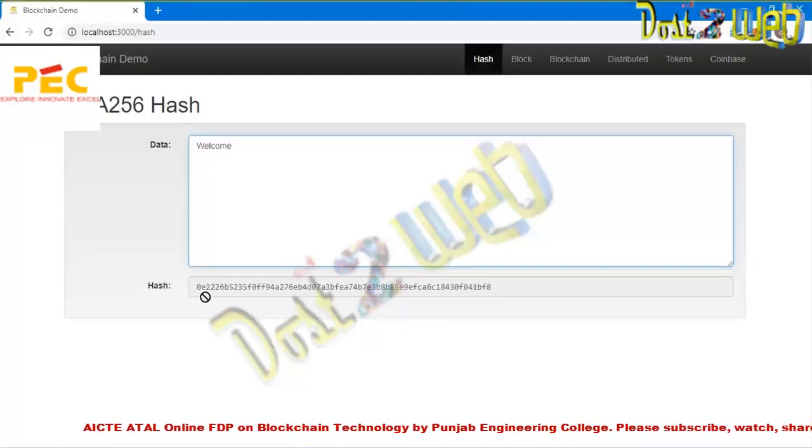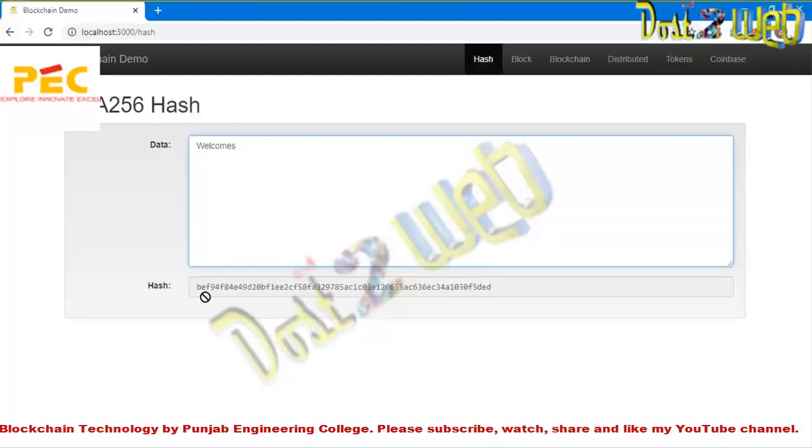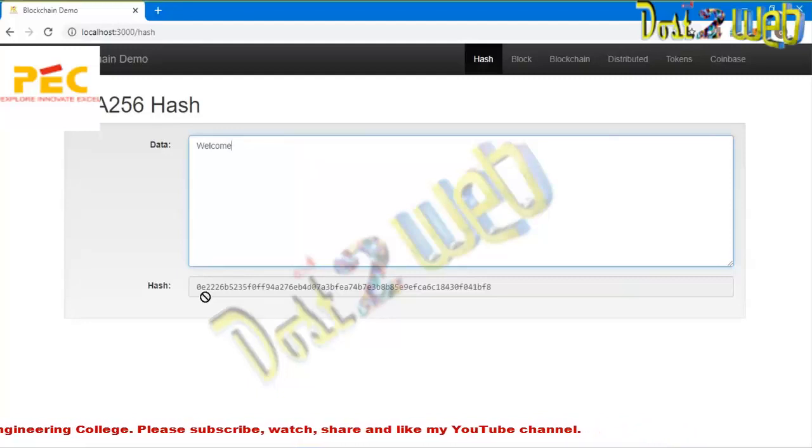So let's change only a single word in the data. You can see the complete hash value will change, whereas the length of the value will remain the same. Again, for the same word welcome, the hash remains the same. So this is the concept of hashing.